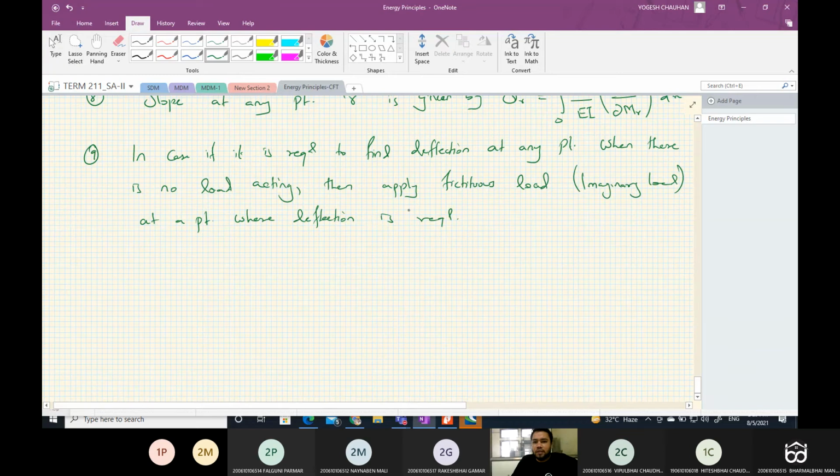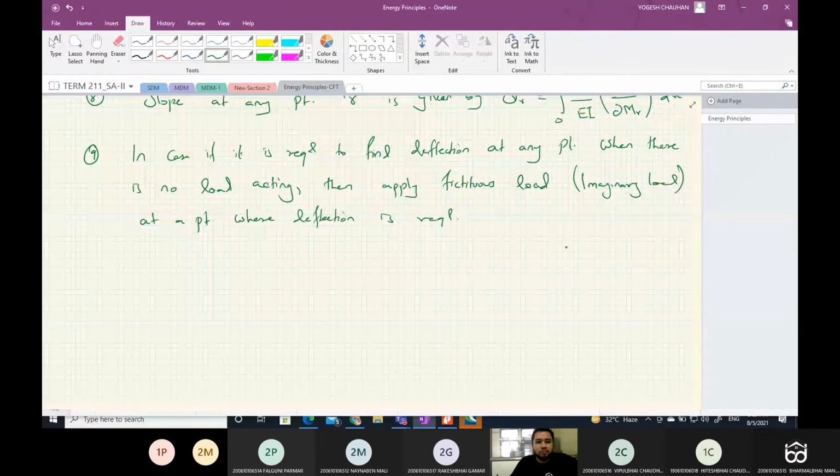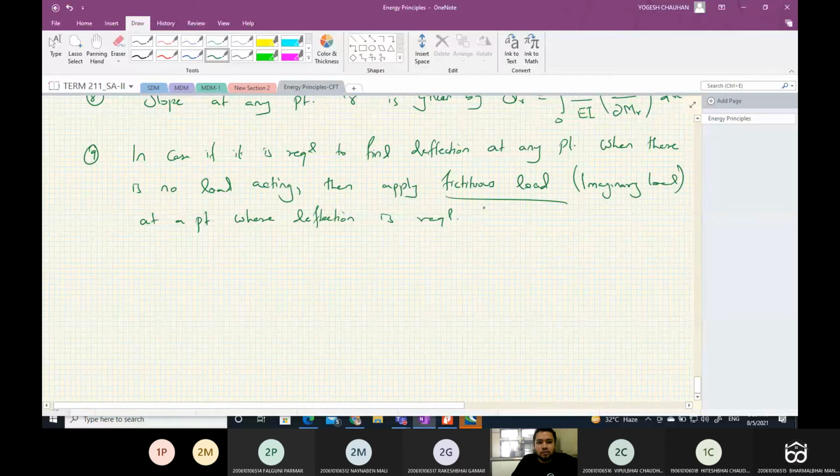We understand this by an example. Suppose you have been asked to find the deflection where there is no point load, or you are supposed to find the slope where there is no moment acting, then how to find the deflection or slope at those points, that we will see by an example. So for those cases we have to apply a fictitious load there.